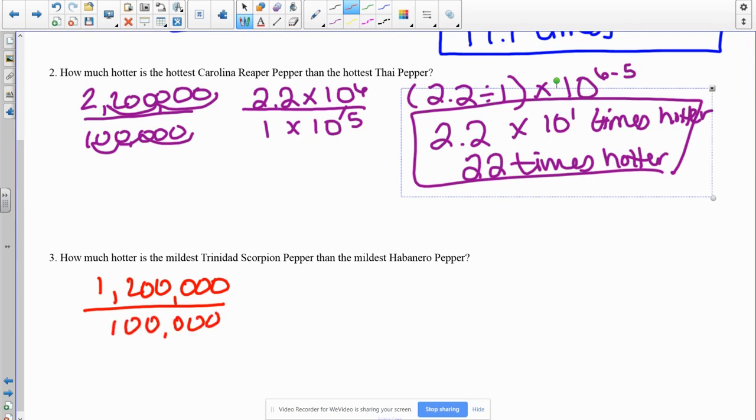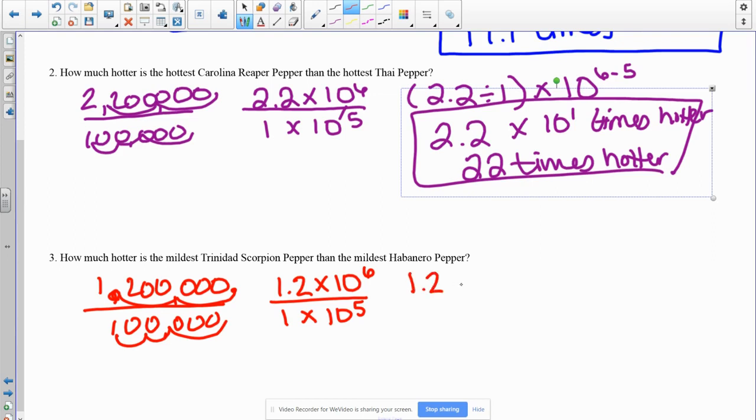Let's flip these into scientific notation. So this is 1.2 times 10, decimals here go 3 and 6. And this is 1, 3, 4, 5, so 10 to the 5th. And then go ahead and divide out.